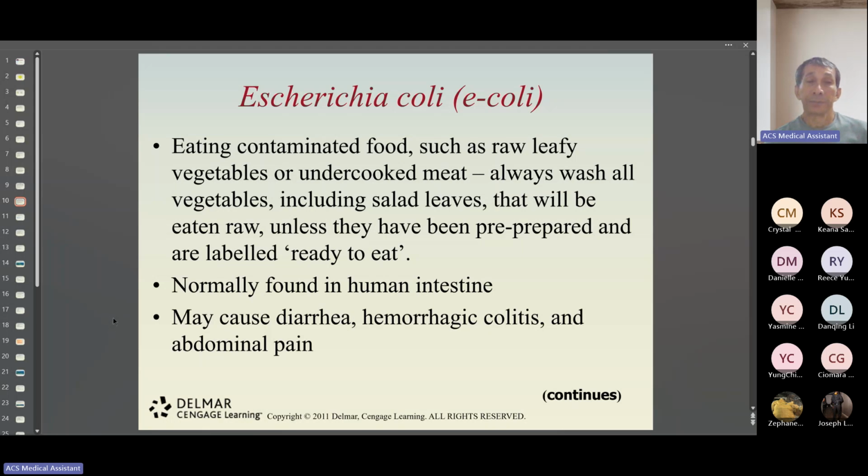So again, you have to be careful when you go eat out, particularly those places that sell food, most of these food trucks, they don't keep the levels of hygiene that we want. I'm not saying that all of them, but if you have ever purchased anything from them, these people have the same pair of gloves.